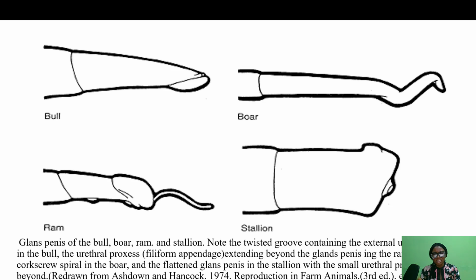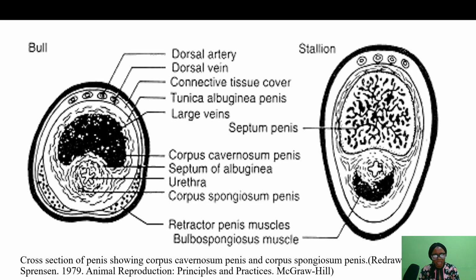For the boar, it is spiral. The cervix of the sow, which is the female pig, is also in that spiral form. So when there is natural mating, there is a literal lock between the glans penis and the cervix, just like a lock and key. This mechanism enhances quick ejaculation of the animal.